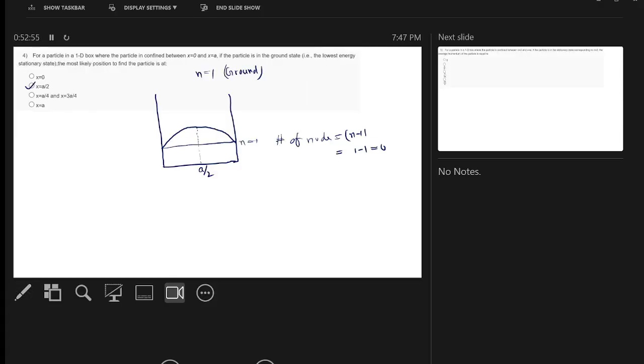Or else you can solve by this one, writing psi root 2 by a sine pi x by a. Then you can calculate psi square. You can say this z. Then you can calculate dz by dx is equal to 0. Solve for x. Okay, second method.